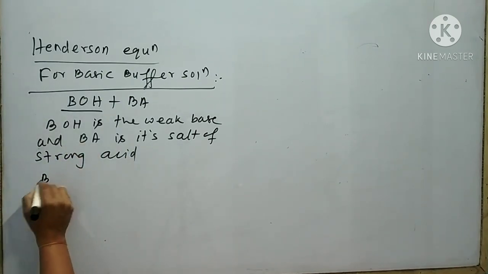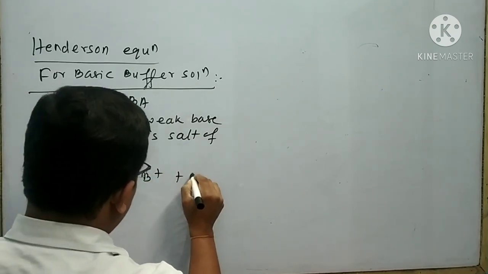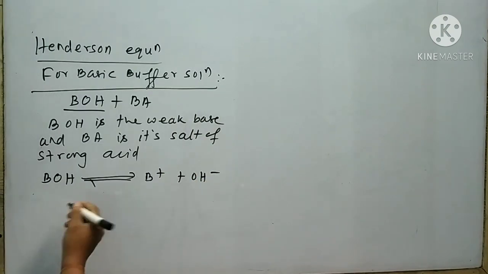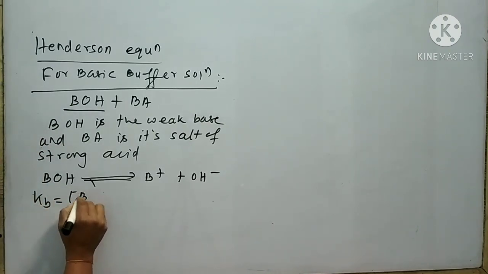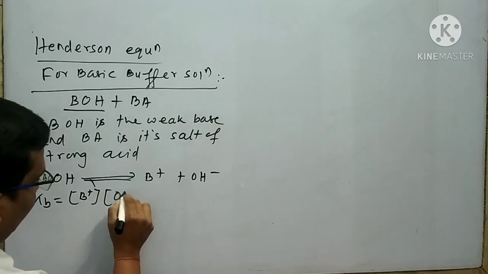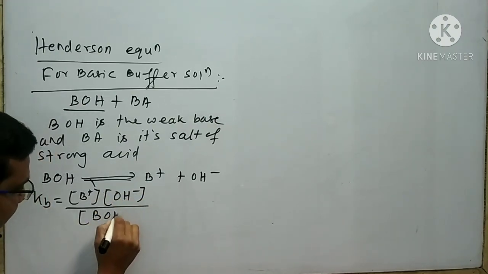When the weak base BOH undergoes dissociation, it gives B plus and OH minus. Now applying the law of chemical equilibrium, I can write Kb equals concentration of B plus into concentration of OH minus divided by concentration of BOH.